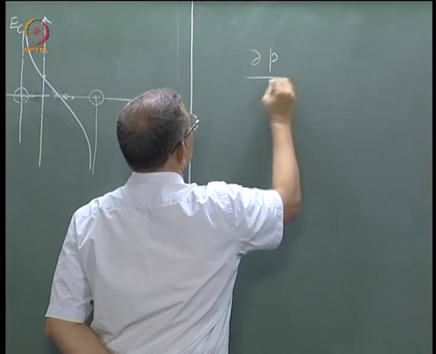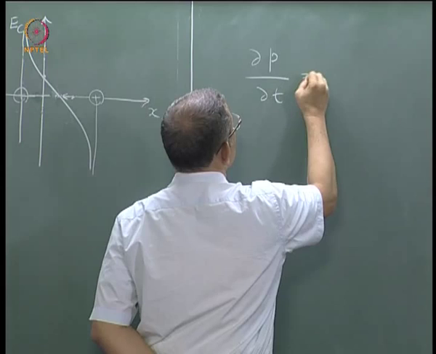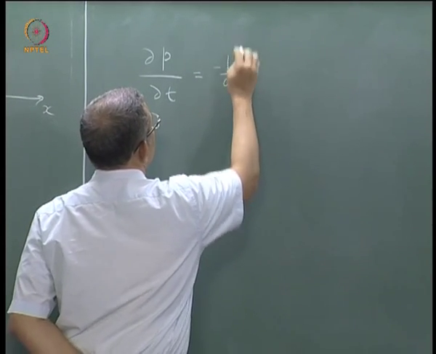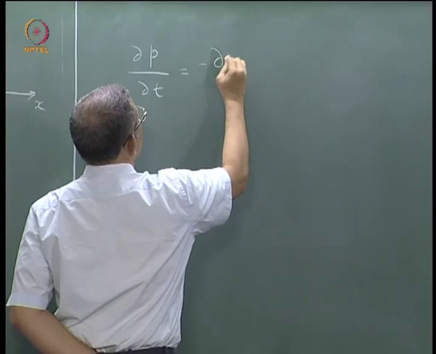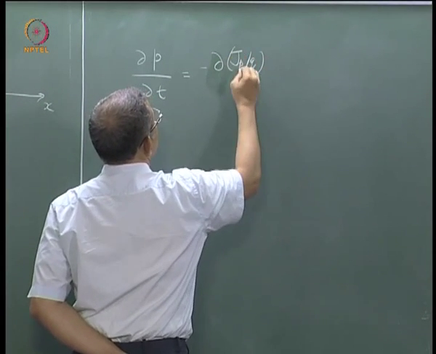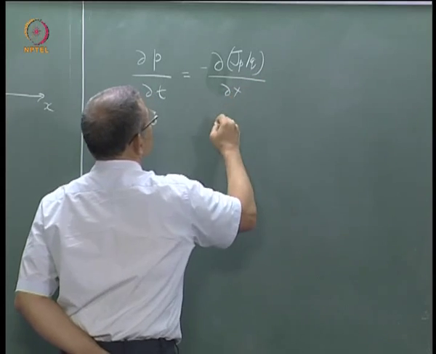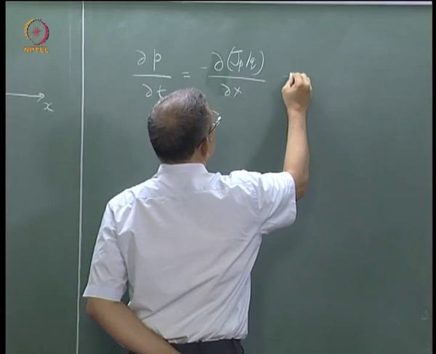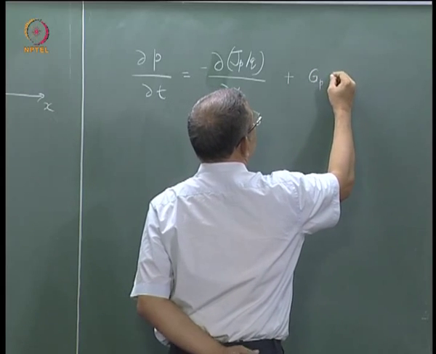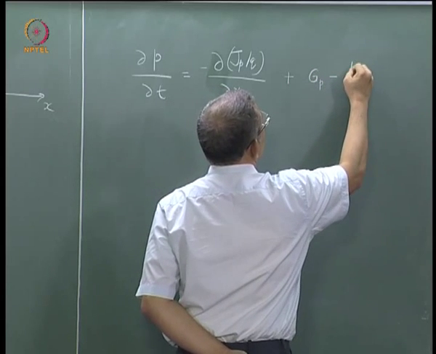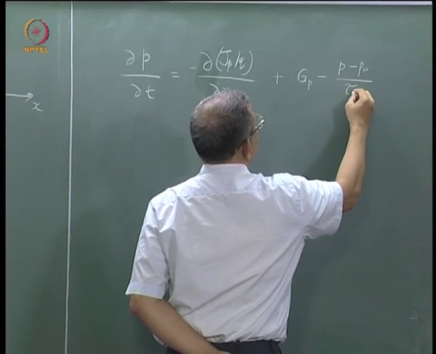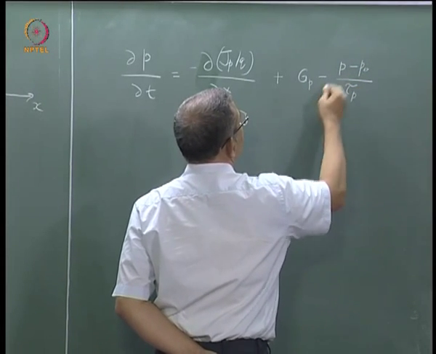Dou p by dou t equal to minus 1 by q, dou Jp, that is the flux of p, by dou x, plus some generation and recombination rates. Okay.